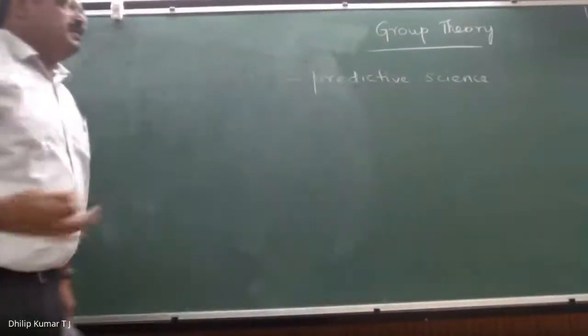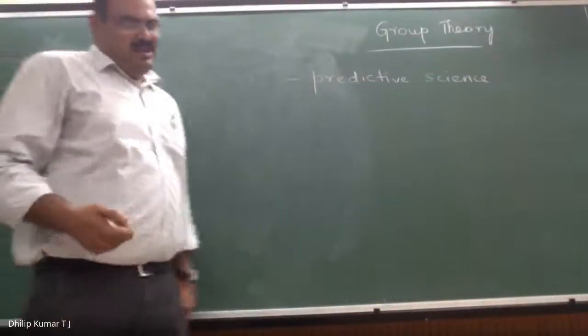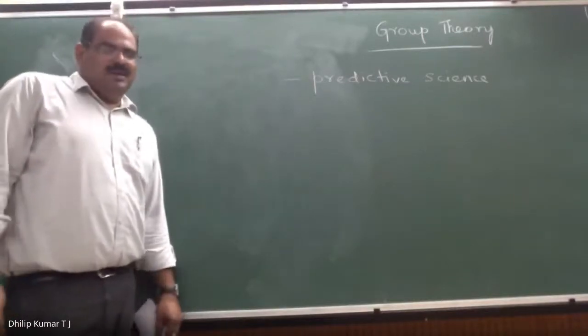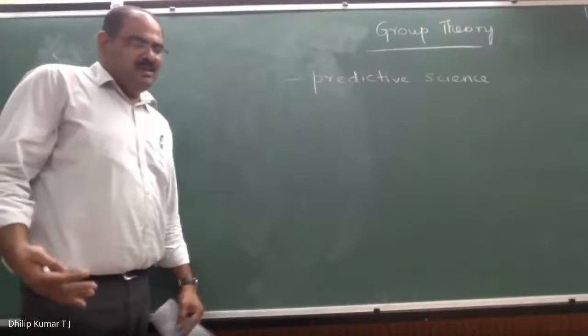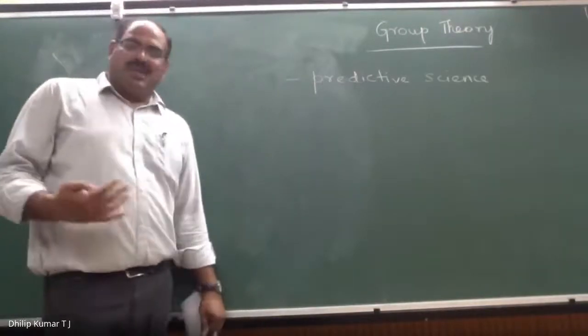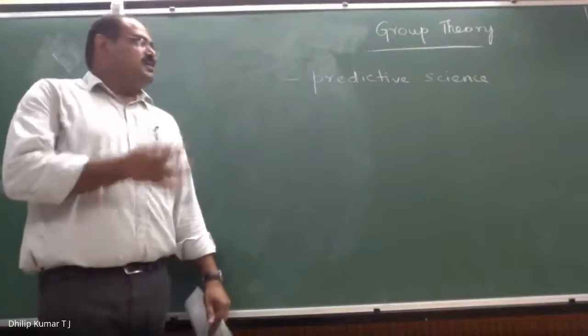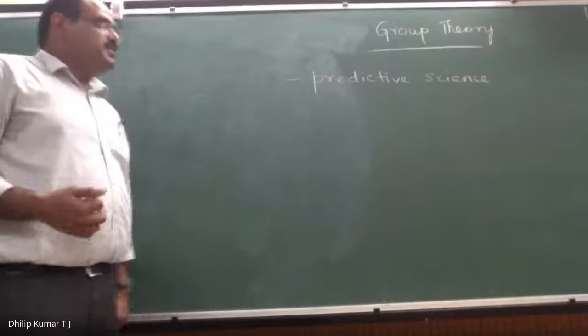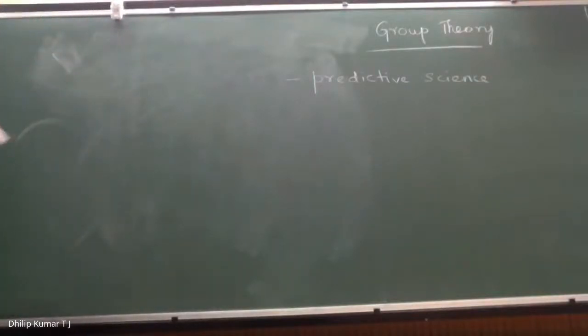You can predict. Mostly it is useful in spectroscopy, as it has a direct application there, like which vibration will be IR active and which will be Raman active. Those can be predicted from the symmetry involved in group theory. So it's a predictive science.